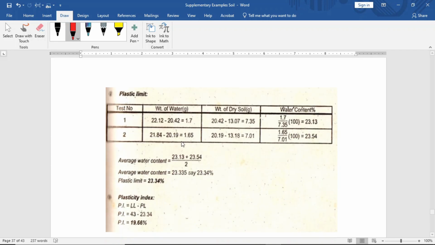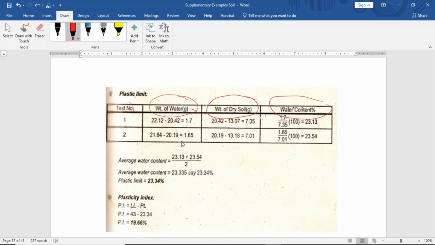Next naman natin is plastic limit. Kung paano natin resolve yung kanina, ganito rin. Magkaiba lang tayo sa given. Kaya medyo madali lang siya as alam niyo yung process. So, weight of water, weight of dry soil, and water content, at saka yung test numbers.